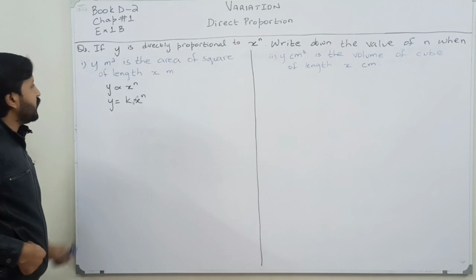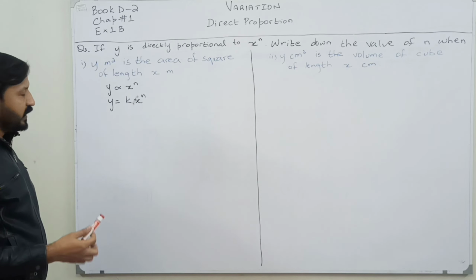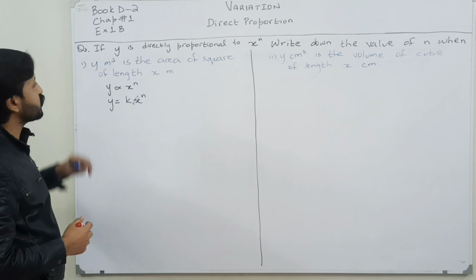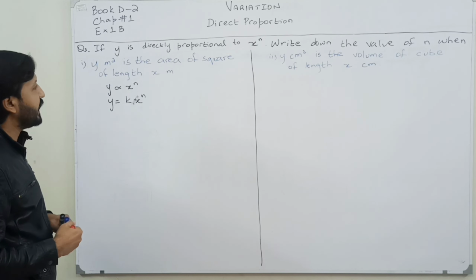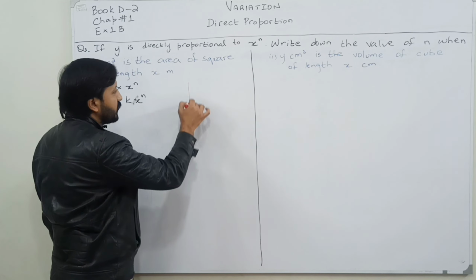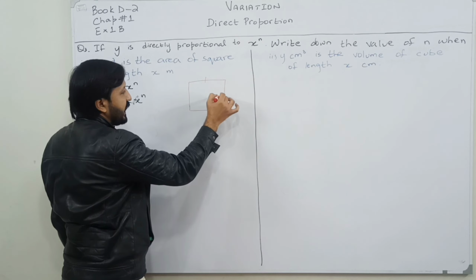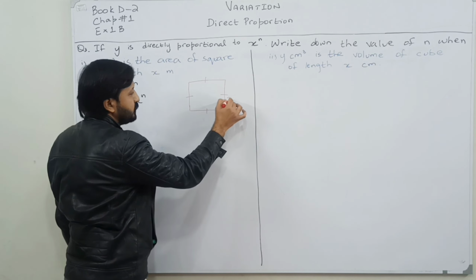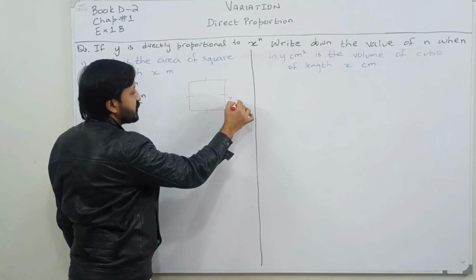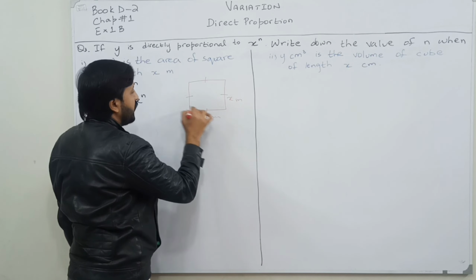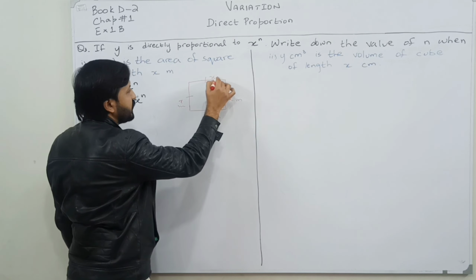Now look at part number 1. It says y meter square is the area of a square of length x meter. Suppose this is the square here, having a length of x meters on each side.